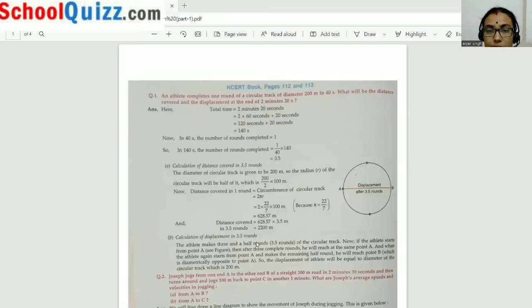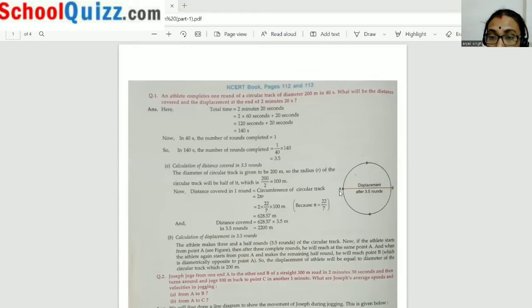Now the athlete starts from point A. You can see here it starts from point A, and after completing the rounds, one round, two rounds, and three rounds, clear? So it again comes to point A only after completing the three rounds. So the displacement is 0 for the 3 rounds.